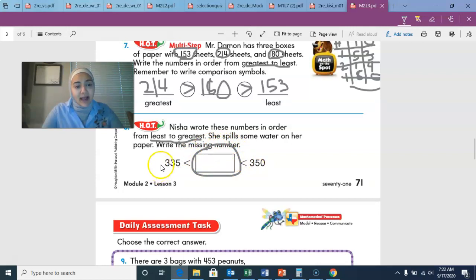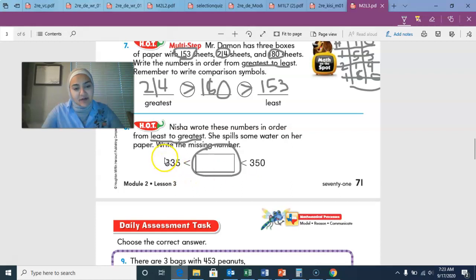So the number has to be bigger than 335, but the number has to be smaller than 350. So what number is bigger than 335, but smaller than 350?